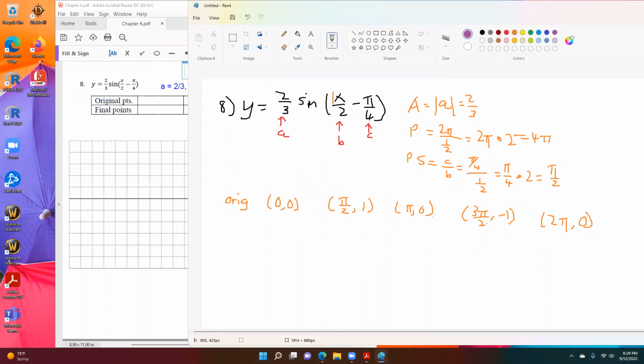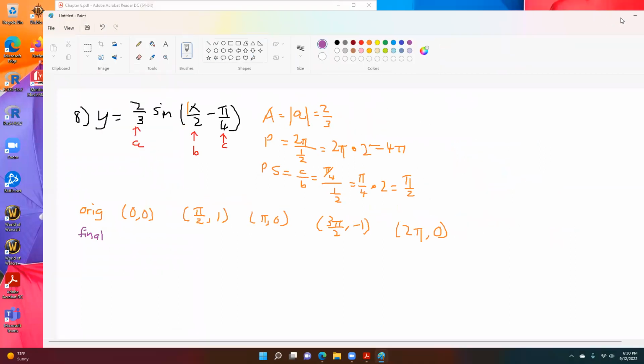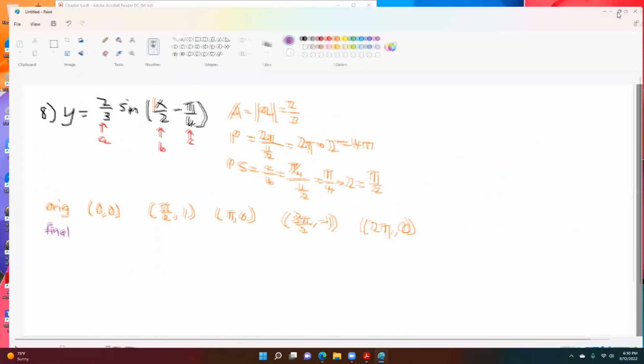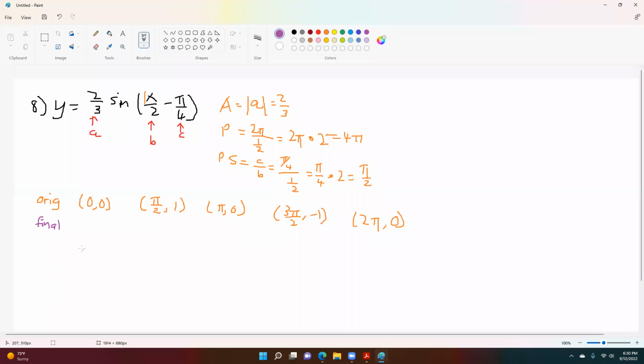So the first step is doing all this work. The second step is doing your original points. The third step is to figure out your final points. In order for us to figure out your final points, you need to use where it starts and where it ends. Now, this is talking about the x value.